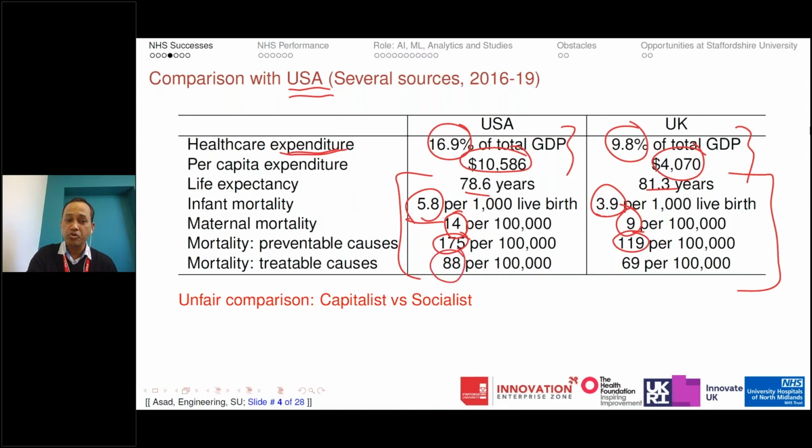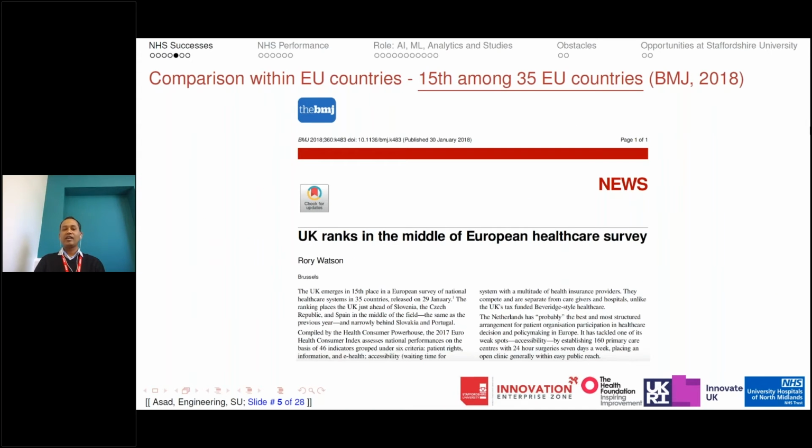Mortality from treatable causes, we are lower. Some of you might argue that, well, it's not a fair comparison. USA is a trans-Atlantic country and they are more capitalist, whereas we are more socialist. So the comparison is not fair. Yes, I agree. So now let's have a look at how NHS is doing among the European countries.